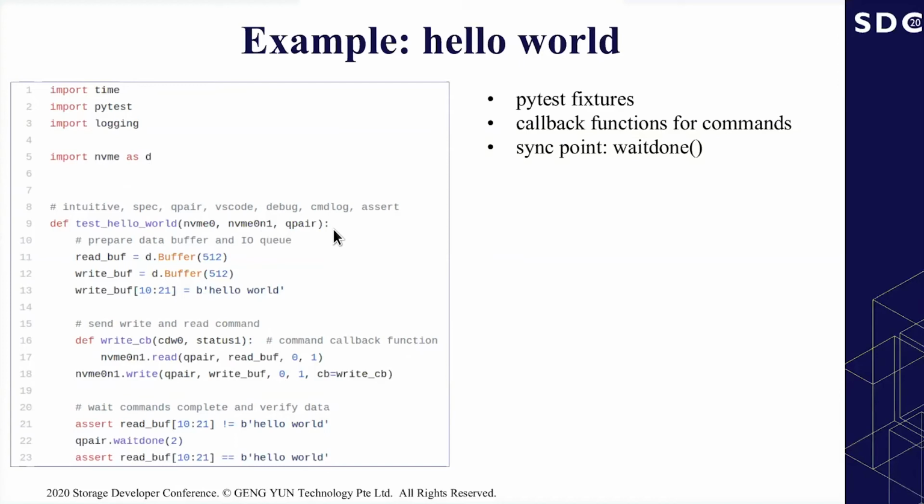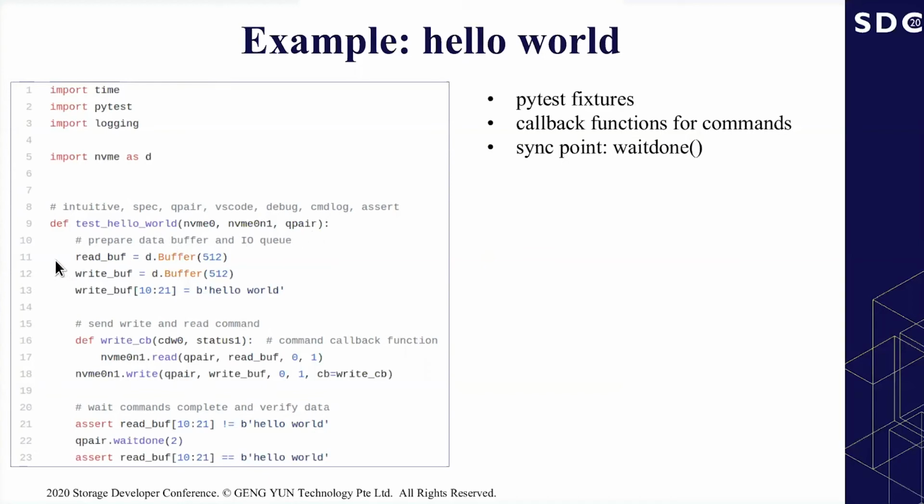In this example, we create controller, namespace and qpair with names nvme0, nvme0n1, and qpair respectively. We can use these named objects directly in the following scripts.